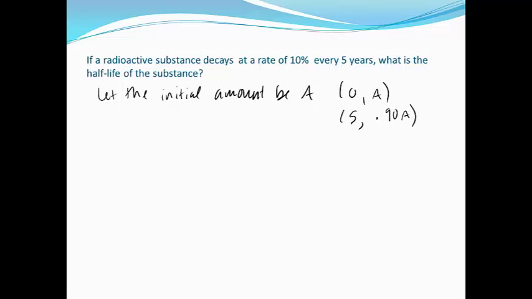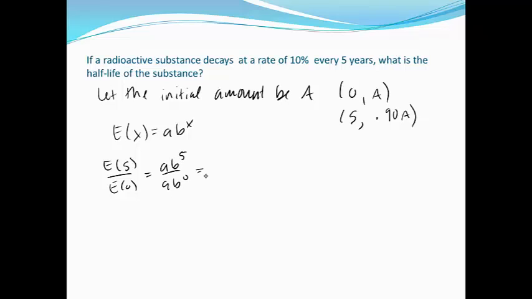So we have those 2 points, and we can use those 2 points to find the formula of our exponential function, A times b to the x. So just like in the first example, we'll look at ratios. We'll look at E of 5 all over E of 0, which is a b to the 5 all over a b to the 0.